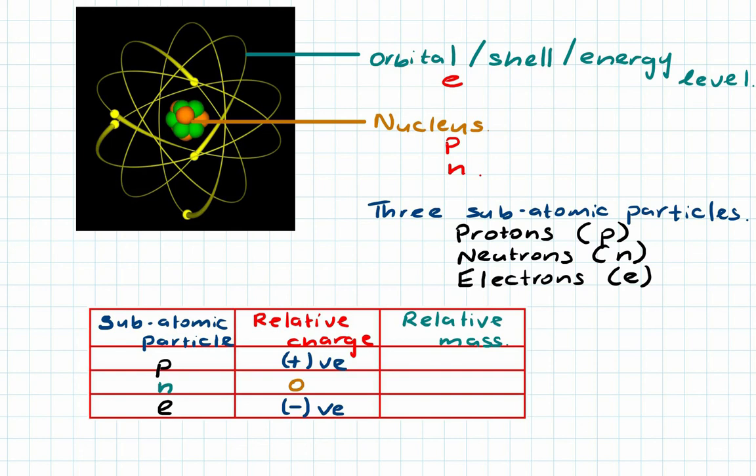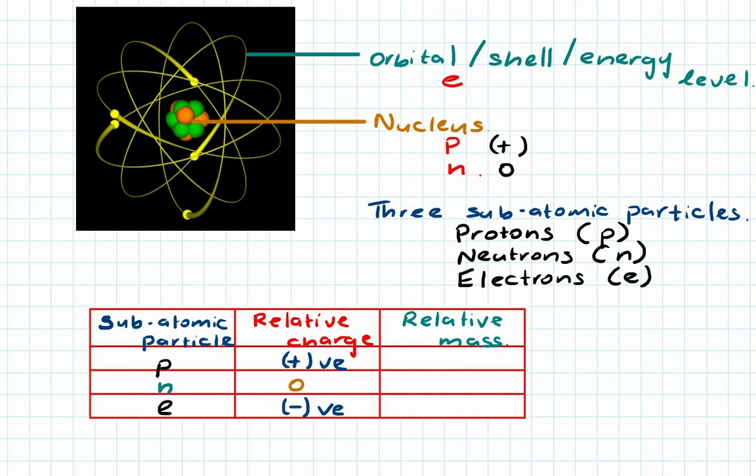Now let's move back onto the atomic structure. You all know that the nucleus is composed of protons and neutrons. Protons are a group of subatomic particles with a positive charge. And neutrons are a group of subatomic particles with no charge.